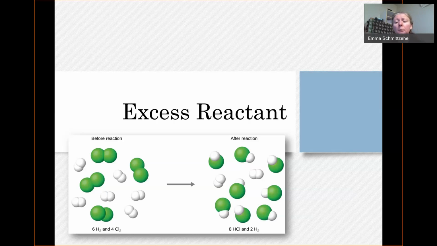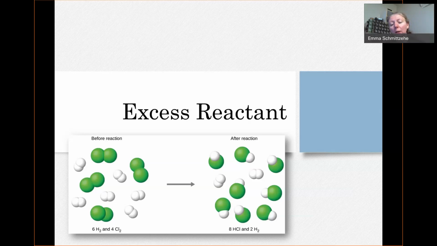Okay. Now, the picture that I have here does show a representation of a reaction between hydrogen and chlorine forming HCl. And what you see here, if you actually count up the individual hydrogen atoms and the individual chlorine atoms, if you were to break apart those molecules that you started with and then connect the individual atoms, you would see you get what's shown in this diagram.